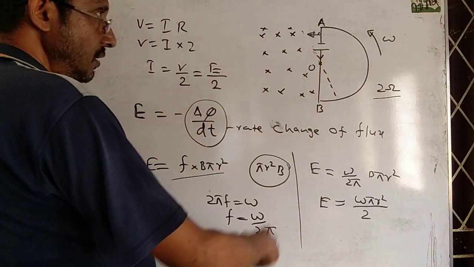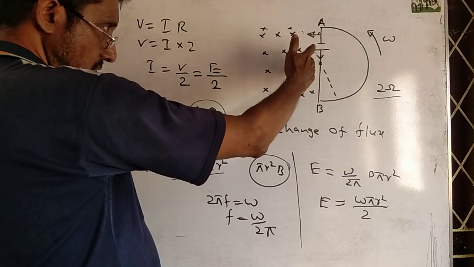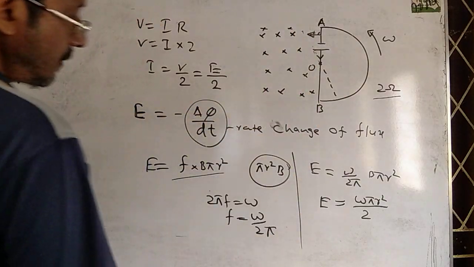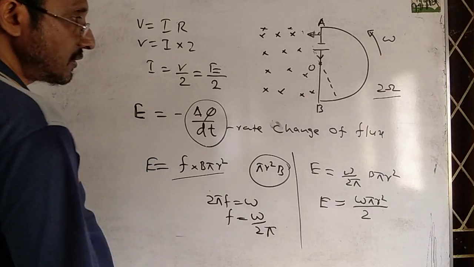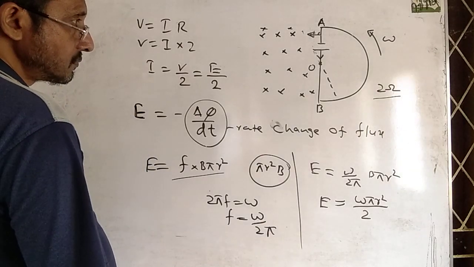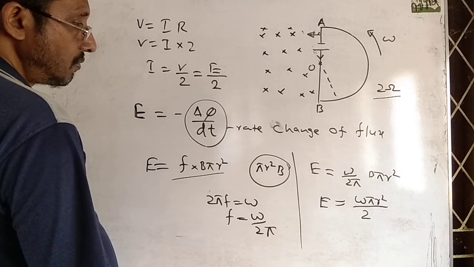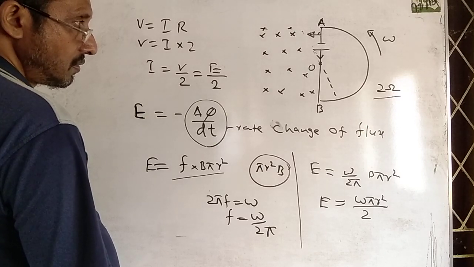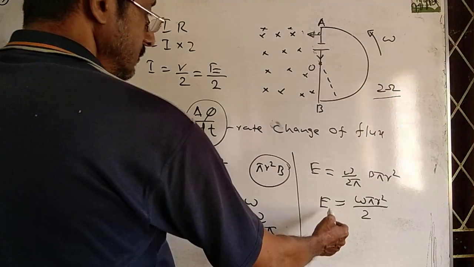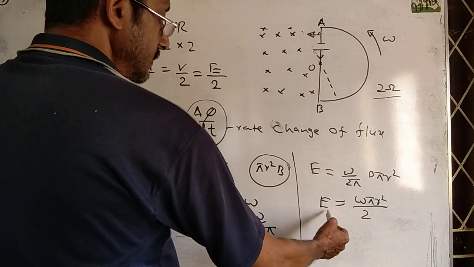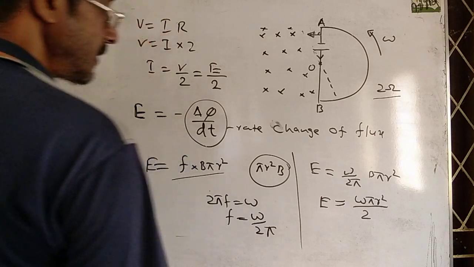And when OA comes out, OB goes into the flux, and this is E equals omega B r squared over 2.